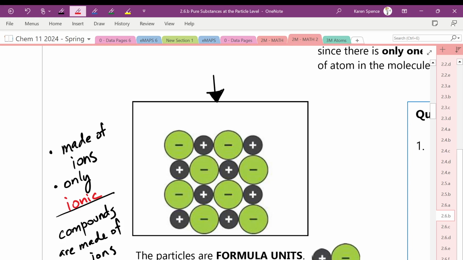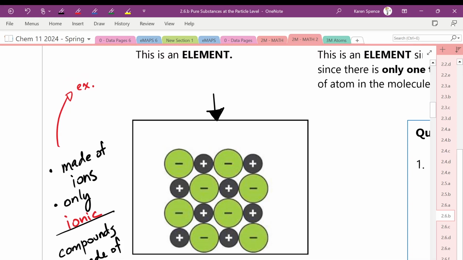Tell your partner an example of an ionic compound. What is an example of an ionic compound?